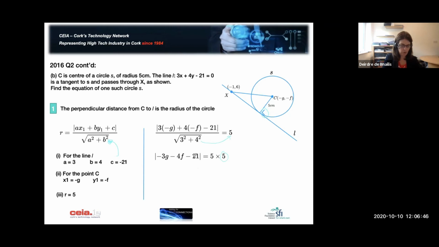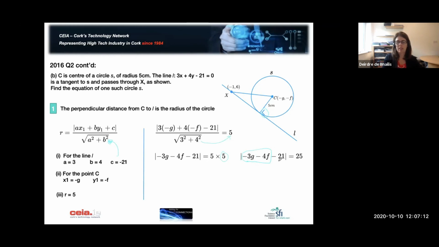Now, what happens there is that I have unknowns inside this modulus. And so it's a little bit tricky now because it's not just one unknown, it's two unknowns. And remember before I said to square the modulus if you want to remove the modulus and there are unknowns inside it.